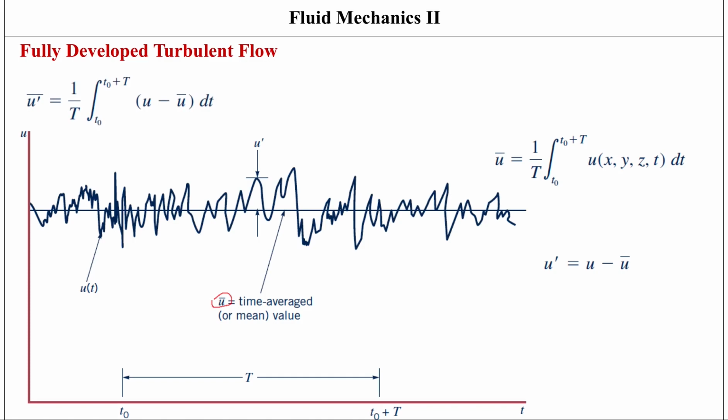And now it's important to identify that if I was to take an average of u dash, which means that if I was to take an average of all of these fluctuating parts, let's say, what would be the value for that?